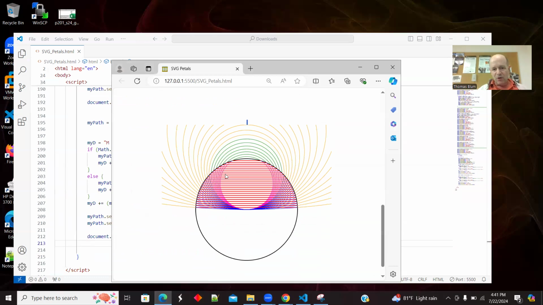So all these circles, the outer green is continued by the magenta, the orange is continued by the blue. They all have a point, which is the origin of the circle of inversion, the original circle.